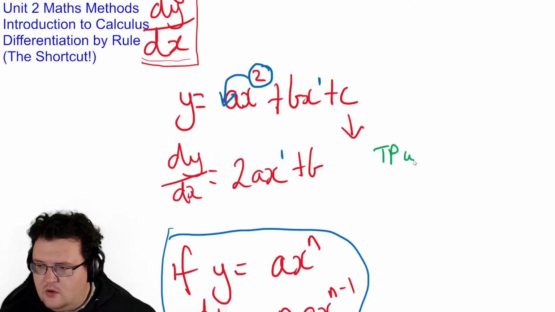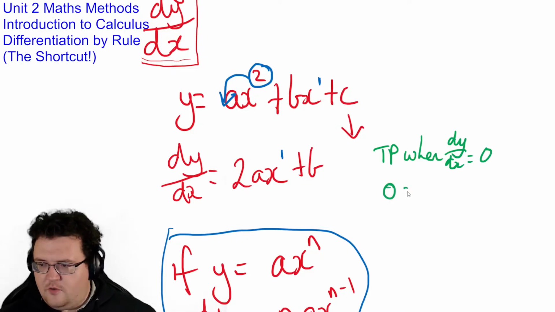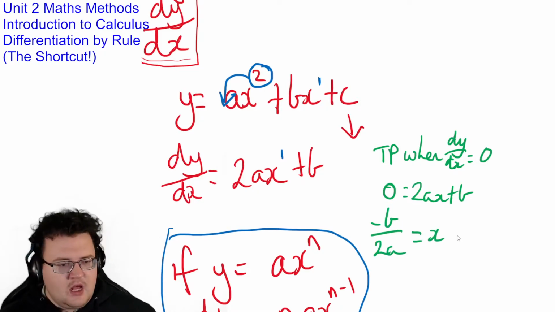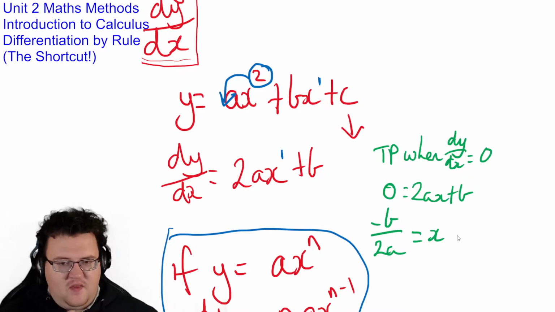The turning point, TP, is when dy dx equals 0. 0 equals 2ax plus b. Solve for x. So this whole time that you've been using that, you've actually been using calculus. Because that's where we got it from. Neat.